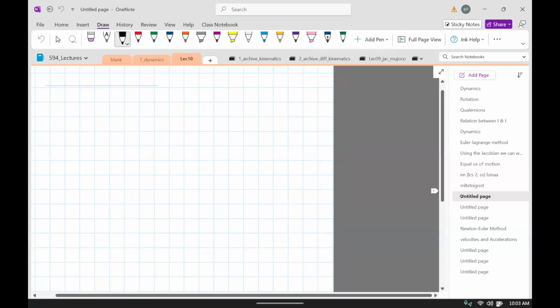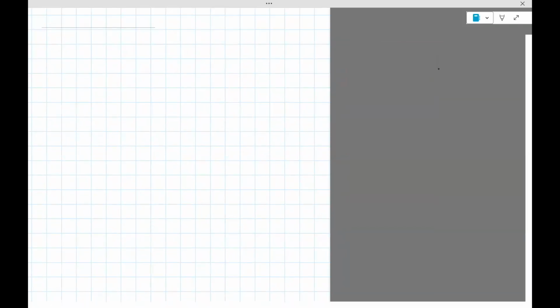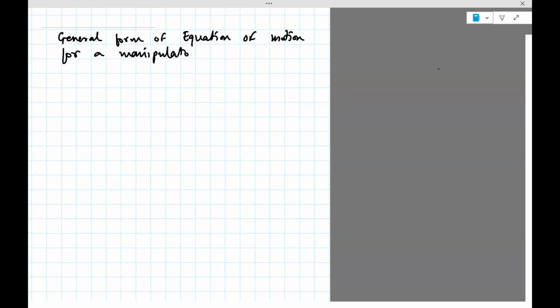So this part is the general form of the equation of motion for a manipulator.